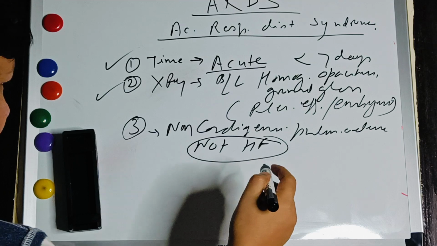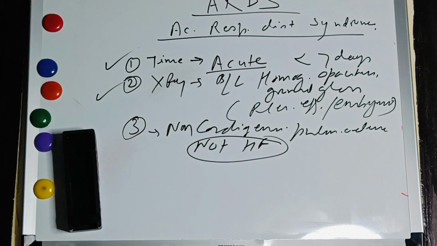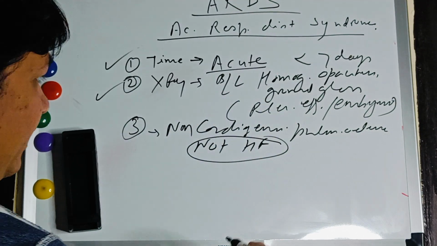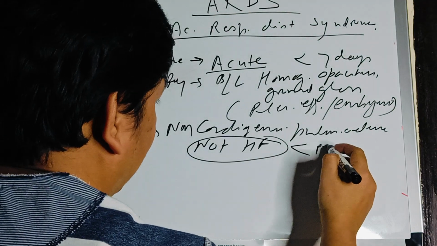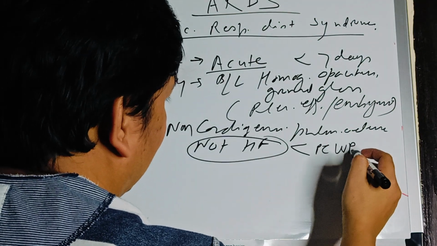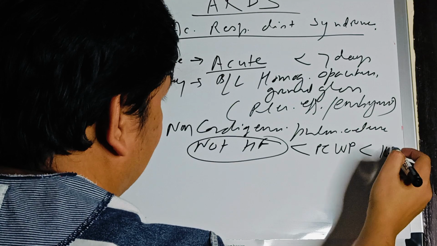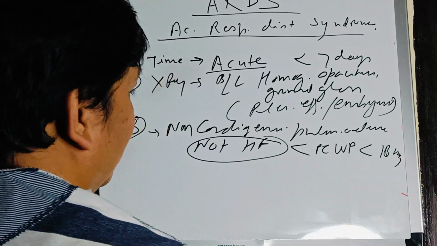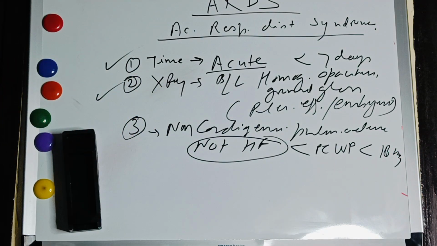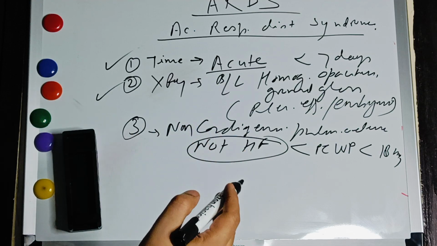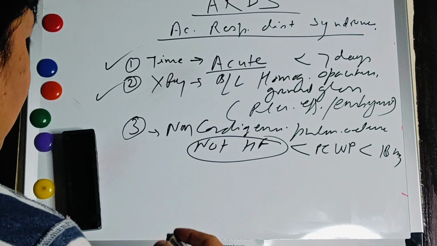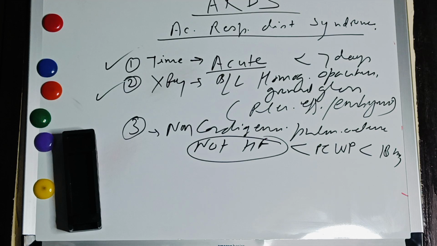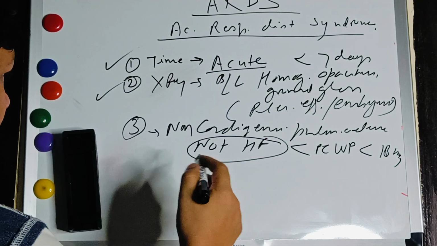In the earlier definitions of ARDS, they included PCWP, pulmonary capillary wedge pressure, which has to be below 18 mmHg, and above 18 mmHg it goes into the universe of heart failure. So congestive cardiac failure has to be ruled out.